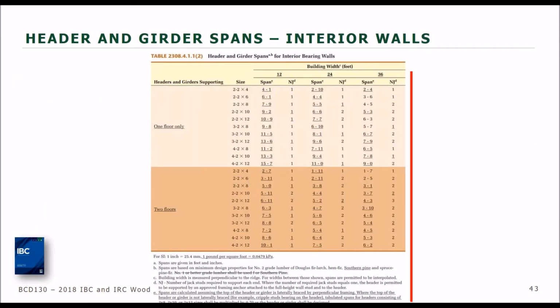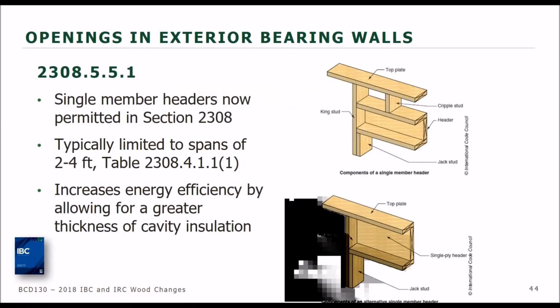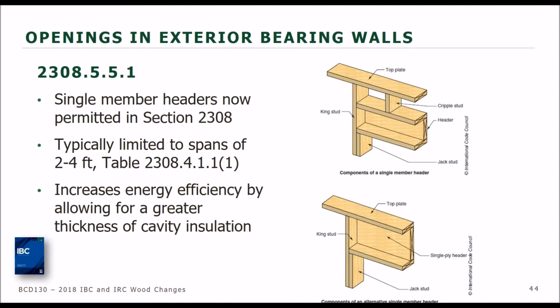And similar changes apply for the interior walls as well in the conventional light frame construction section. Now, because we are becoming more and more conscientious about the actual energy requirements needed within our environment and the buildings that we build, the IBC now allows more insulation within the walls.